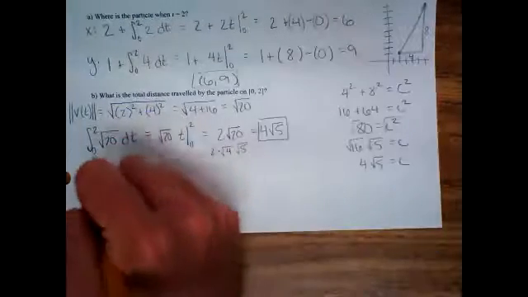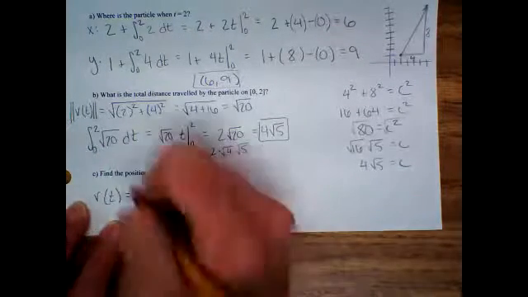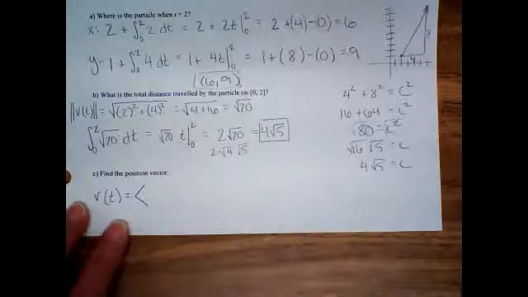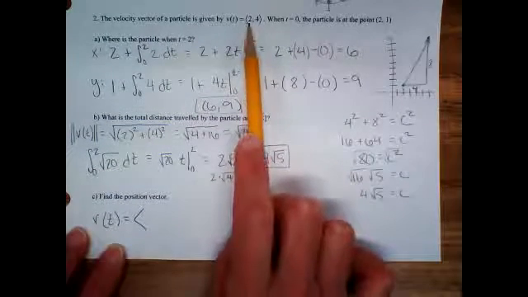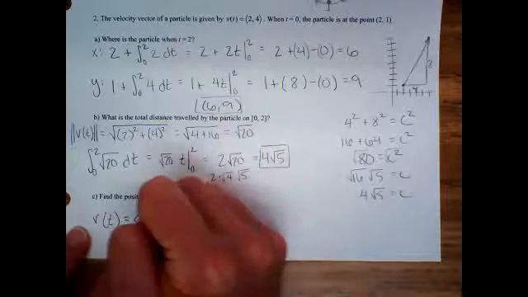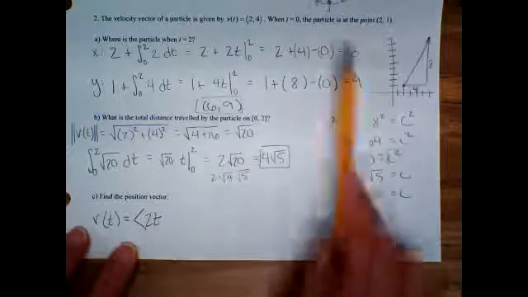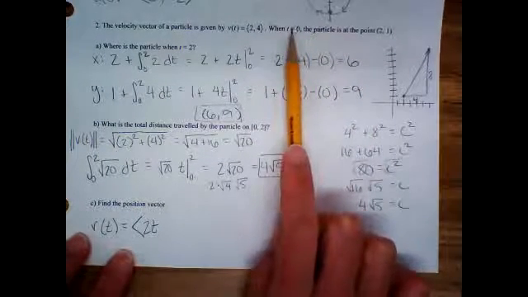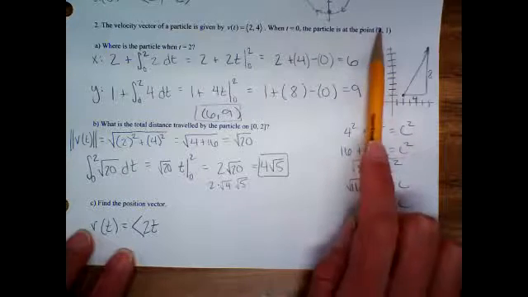All right, position vector. So r of t, I'll give you a break after this one because everyone's seeming very tired. All right, what was our velocity? We have to do the antiderivative of that. Where was that? 2? All right, so that antiderivative would be 2t. Here's the thing. You have to make sure that you start at the right place. When you plug in 0, you need to make sure that x is 2. Do you see that here?